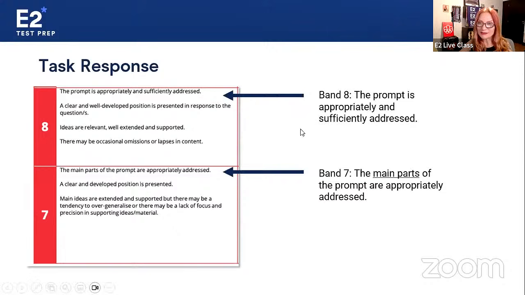Great, that's it. Okay, so Inara, that's a very good point. And what if we have equal options, equal opinions for both? So when you're writing for IELTS, you can't always write from your heart. You have to fulfill the band descriptors. So even though you may have equal opinions, for the essay, you're going to choose one and you're going to stick to that one, okay?